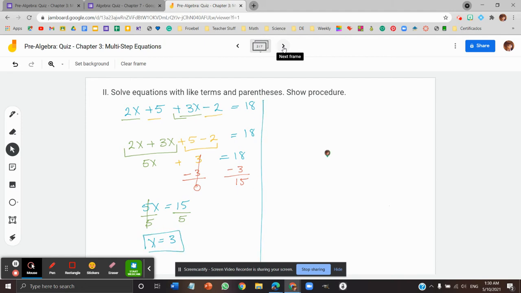Now let's say that I want to check my answer. I'm not sure. Let's say that I don't feel secure enough with my answer. I'm not sure if I did it correctly. Then all I have to do is rewrite the original equation and substitute the variable. So I have 2x plus 5 plus 3x minus 2 equals 18.